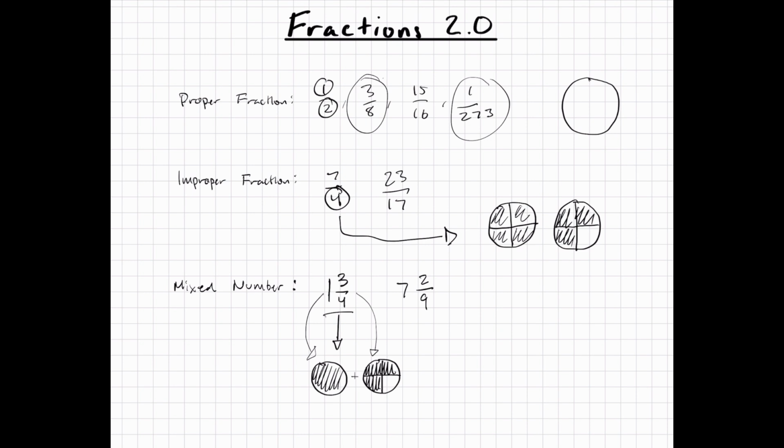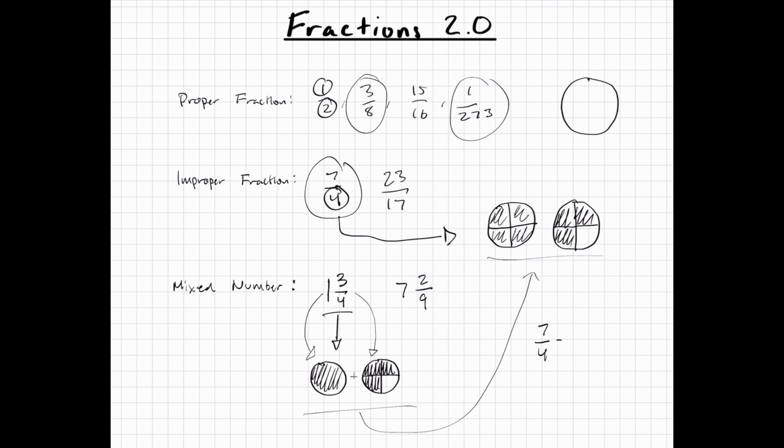We call it a mixed number because it includes both whole numbers and fractions. If we notice something here, this size is exactly the same as the thing that we drew up here. So what we've realized now is that 7/4 written as a mixed number is just 1 3/4. And we can see this visually.